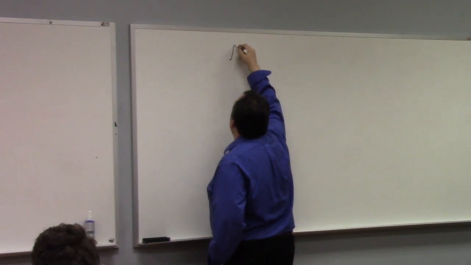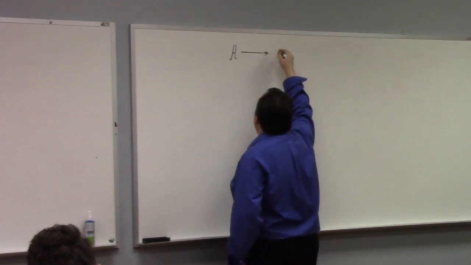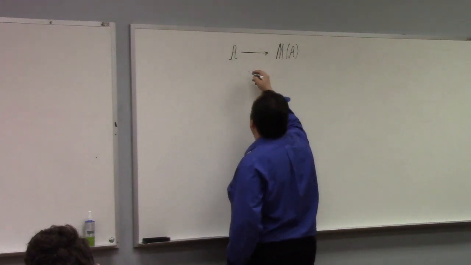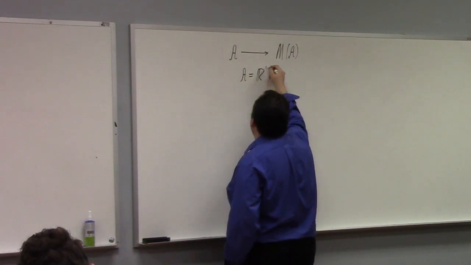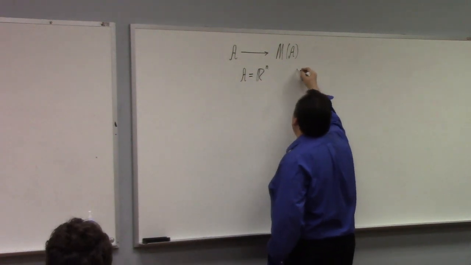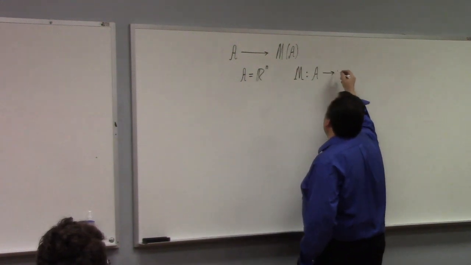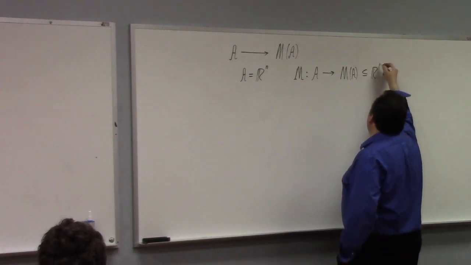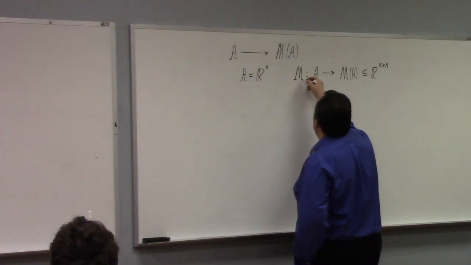So if we have an algebra, then we can basically represent it with what I call M of A. And just for the sake of specificity, I'll suppose that my algebra is actually equal to Rn as a point set. Then you have M, this mapping that goes from your algebra to the representation of the algebra, which is a subset of Rn by n. So here, this is a map. Big M with feet is a map.